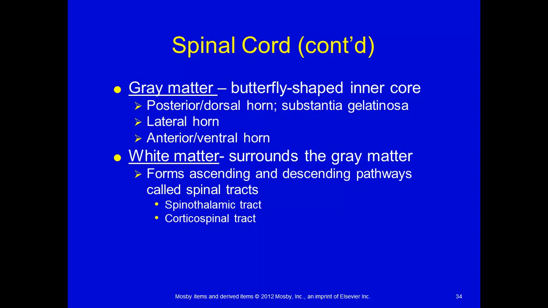Ascending. It's carrying information from the spinal cord, spino, up to the brain, up to that relay station, the thalamus. So the spinothalamic tract is ascending and carries sensory information, as opposed to the corticospinal tract, which carries information from the cortex, the brain, down to the spine.